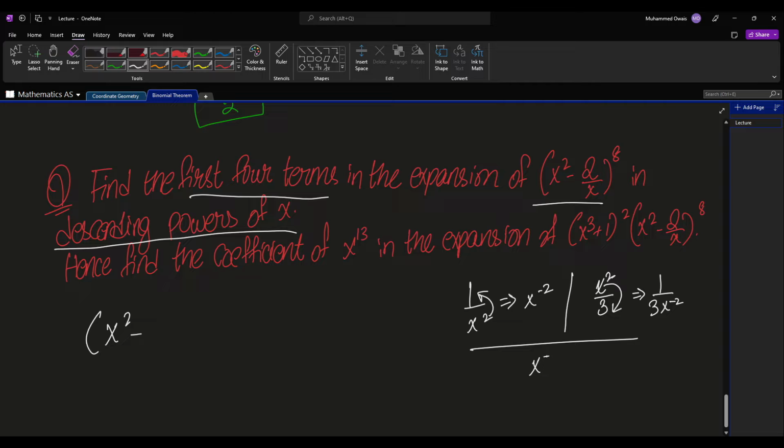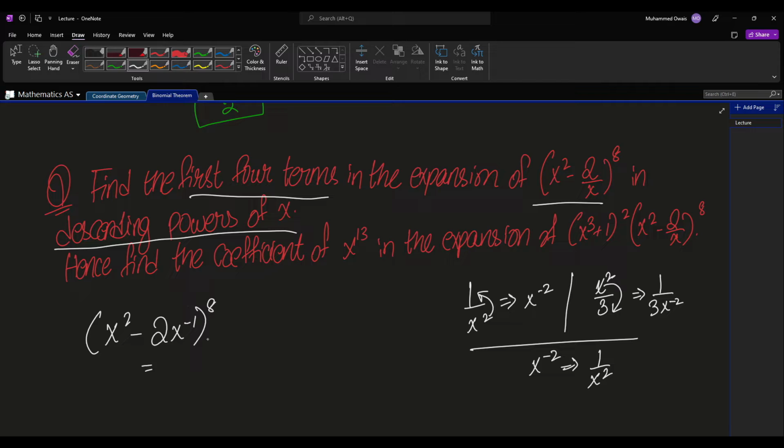Same goes here: if it had x to the minus 2, I could say this is 1 over x squared, because it went from top to bottom. So we'll do the same here and say minus 2 x to the power minus 1. We'll just do this so that we have an easier time solving our questions.